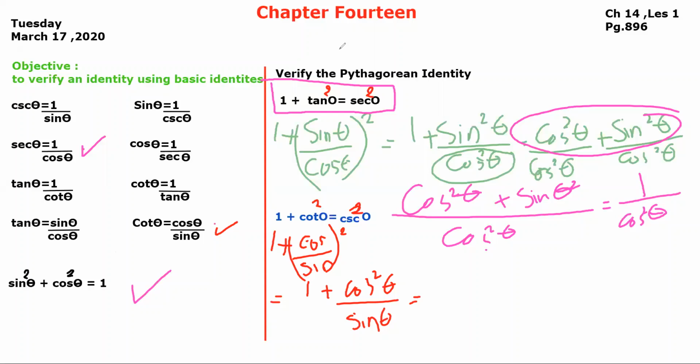I can write 1 as sine squared of theta over sine squared of theta, plus cosine squared of theta over sine squared of theta.